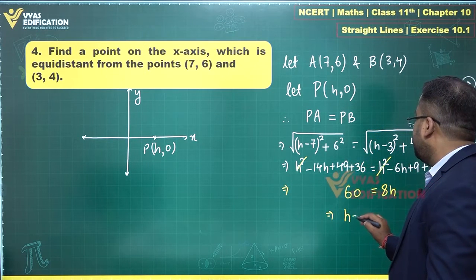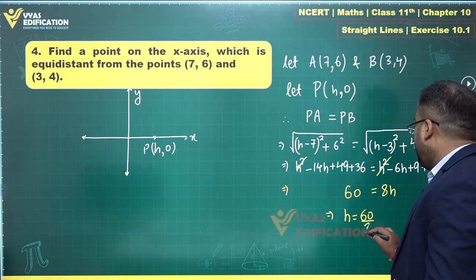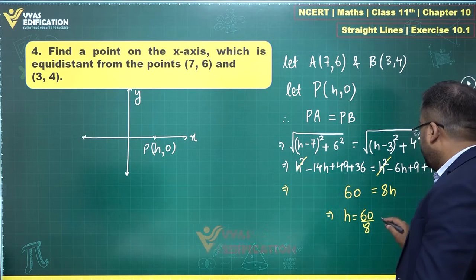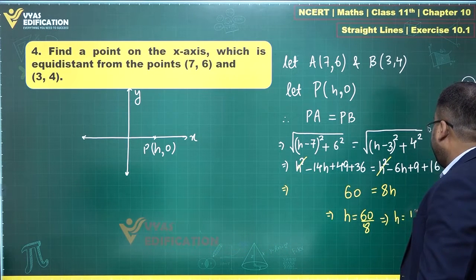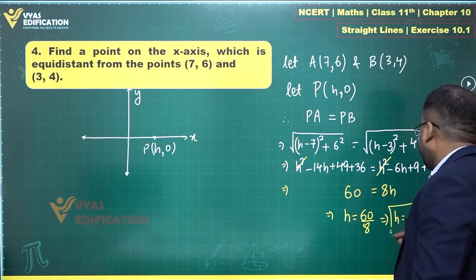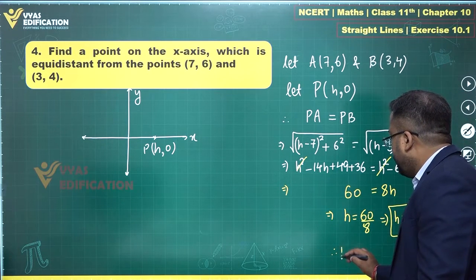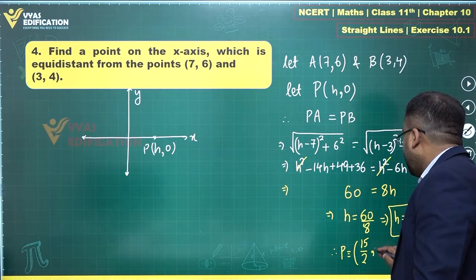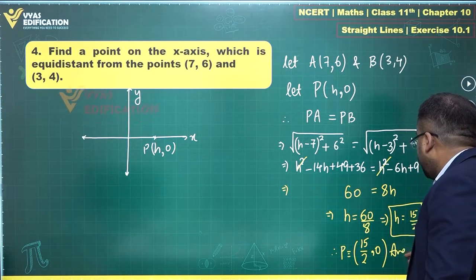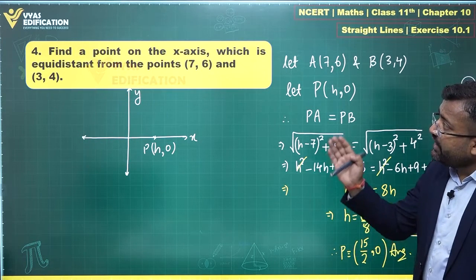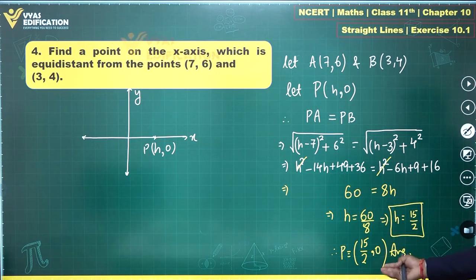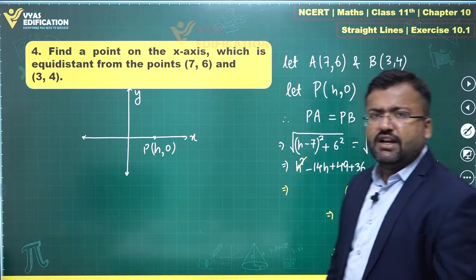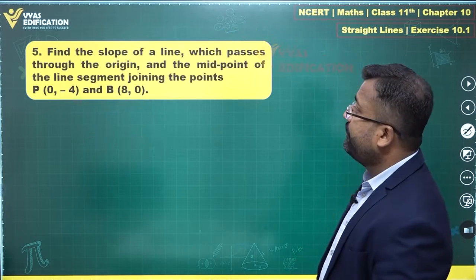This tells me h is equal to 60 upon 8, which can further be broken down into h equals 15 by 2. Therefore point P will be 15 by 2, 0. That's my correct answer for this question. The point on the x-axis which is equidistant from the 2 points is this point, right? That's the solution for this question.